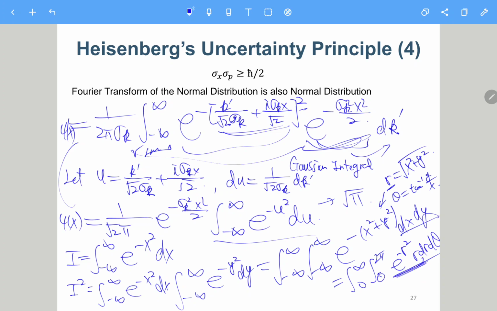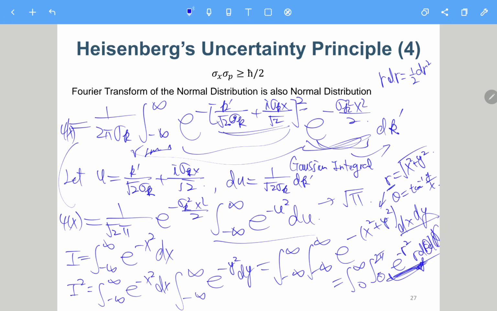So we can calculate this easily, because r dr is nothing but 1/2 d(r squared). Maybe I should reverse it.